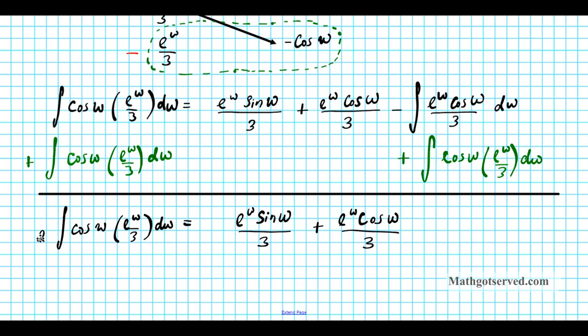And now to get rid of this 2, because we didn't have any 2 in the original question, what we'll do is we're basically going to multiply both sides by 1/2 to get rid of that 2. So let's go ahead and do that.